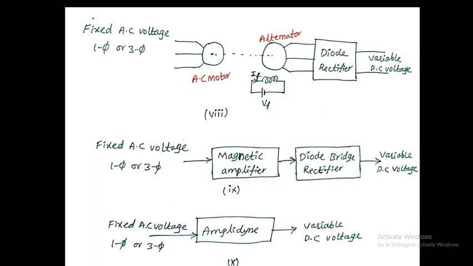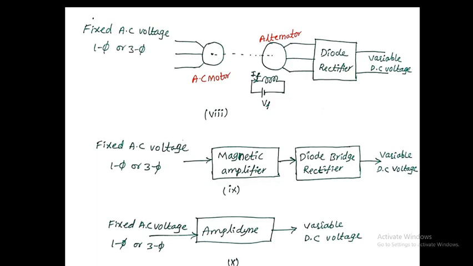And the eighth one: the AC motor is connected to the AC voltage. Now the AC motor shaft is connected to an alternator. Instead of the earlier DC generator, here we are connecting an AC motor and an AC generator, that is nothing but an alternator, shaft coupled.